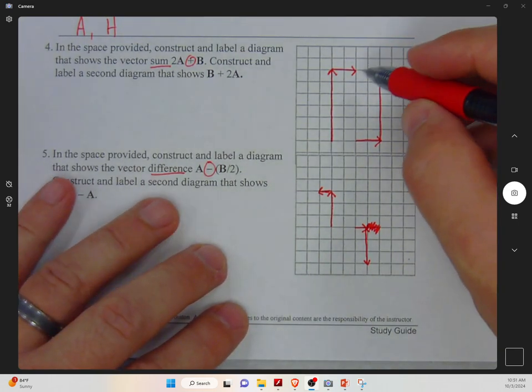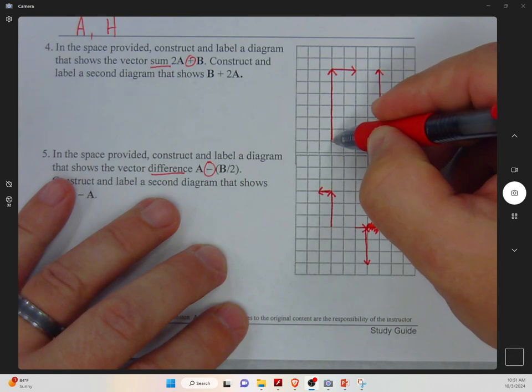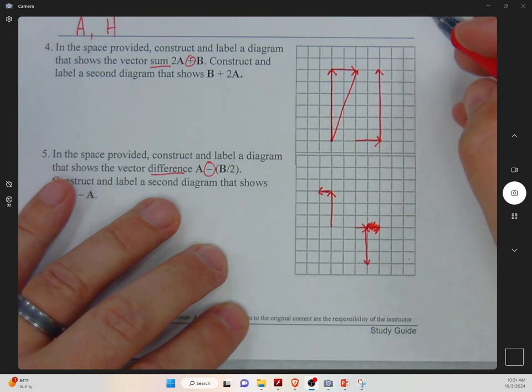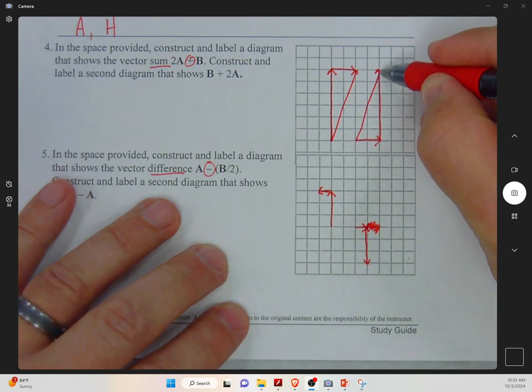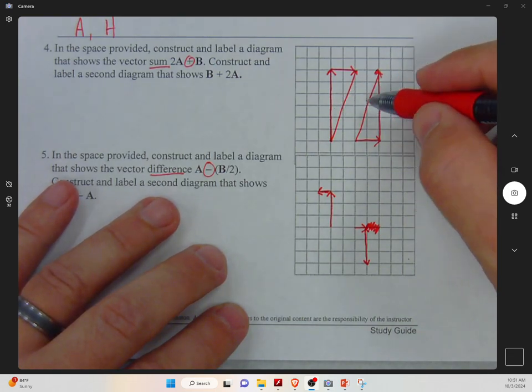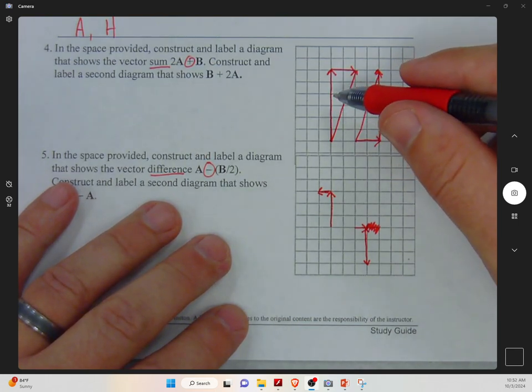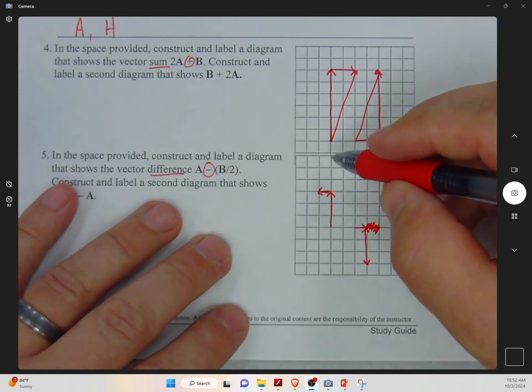It's the hypotenuse. If you start here, you go there. Start here, you go there. Notice that those resulting displacements are the same, even though you took a different path. It's totally fine. The displacement's the same.